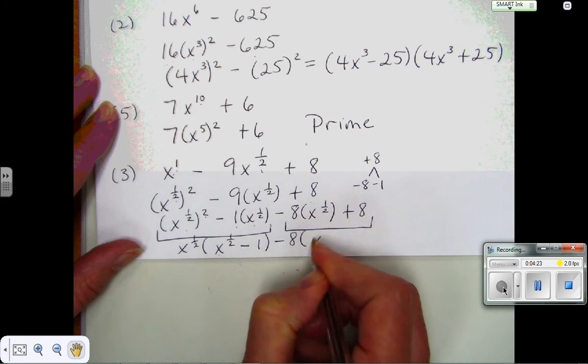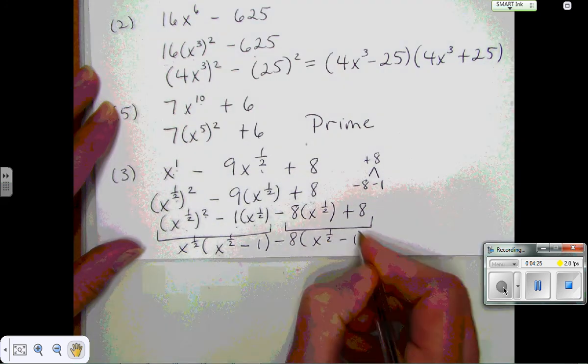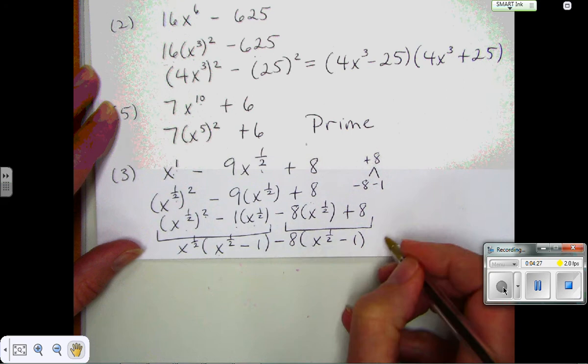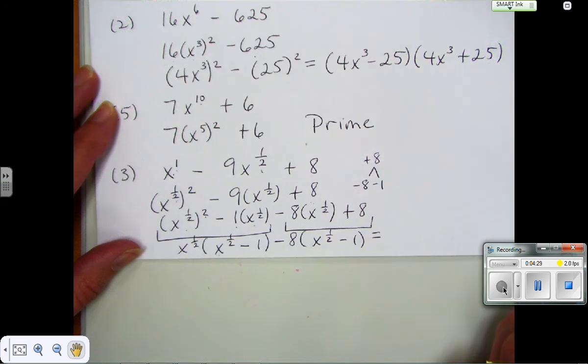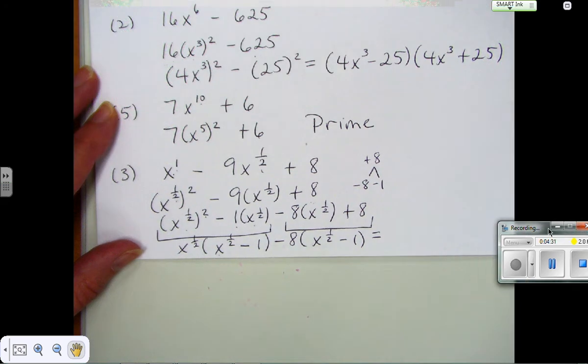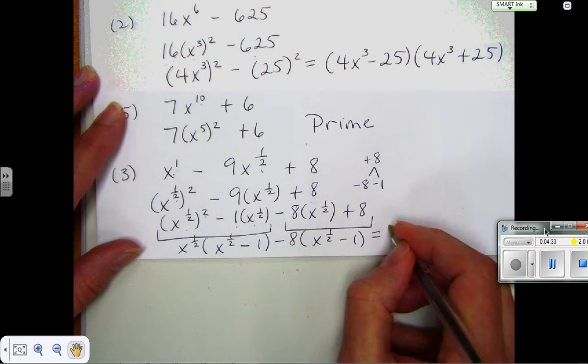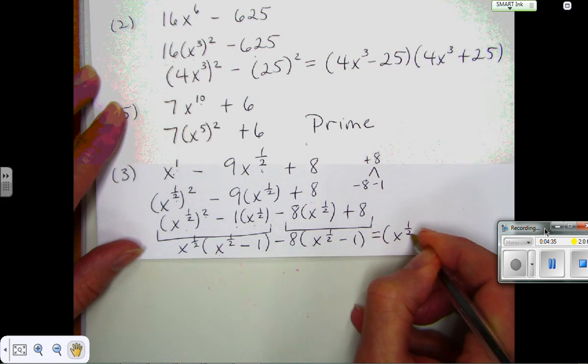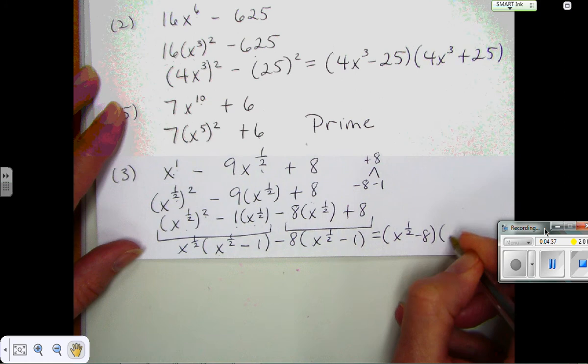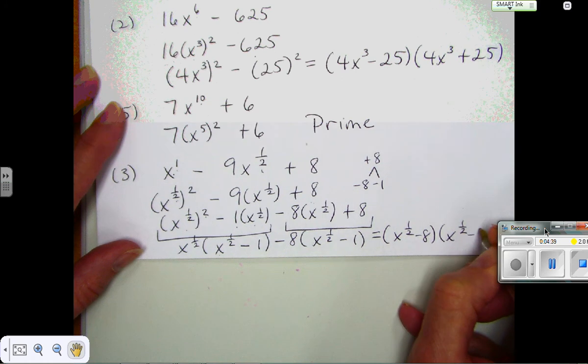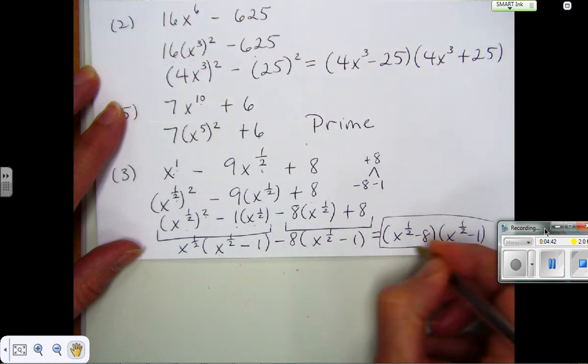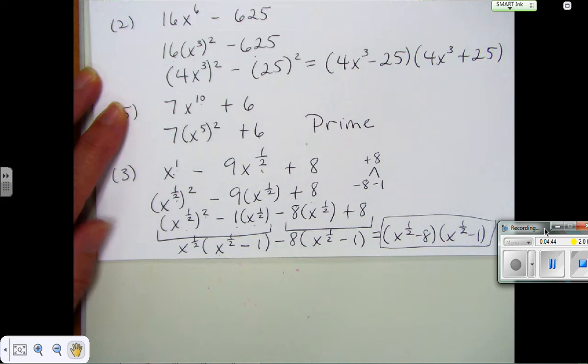So I'll have x to the 1/2 minus 1 inside the parentheses again there. So I can finish that by consolidating the x to the 1/2 minus 8 and writing that x to the 1/2 minus 1 one time, and that would be your factors for that polynomial.